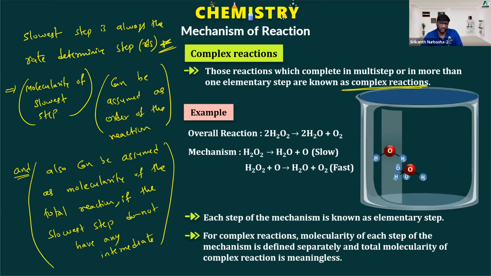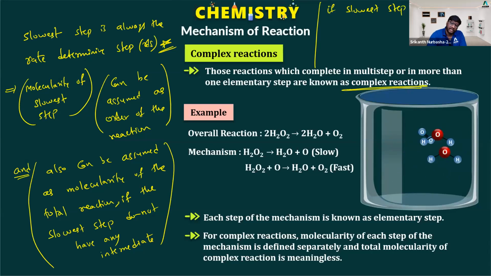If the slowest step contains an intermediate, then molecularity is meaningless.